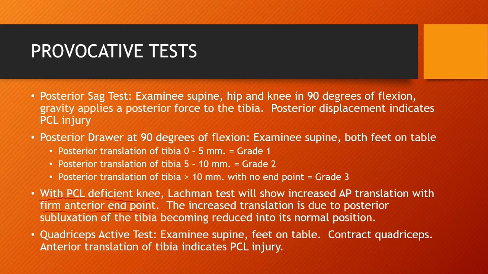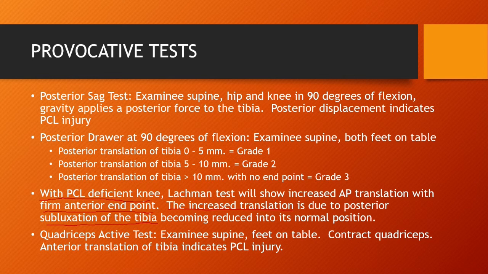And this can be deceptive because the increased translation that we're seeing in this Lachman testing with a posterior cruciate ligament deficient knee is due to posterior subluxation of the tibia on the femur due to lack of posterior cruciate ligament, which then becomes reduced into its normal position on forced anterior translation by use of the Lachman test.